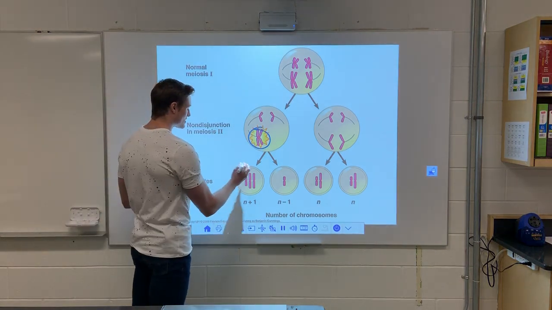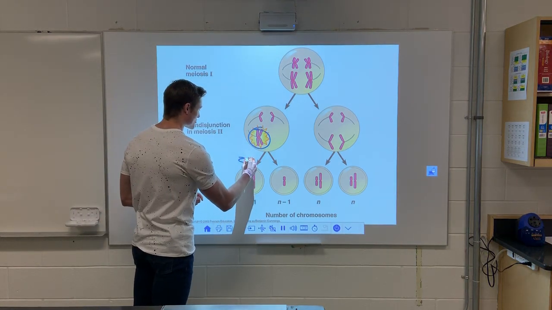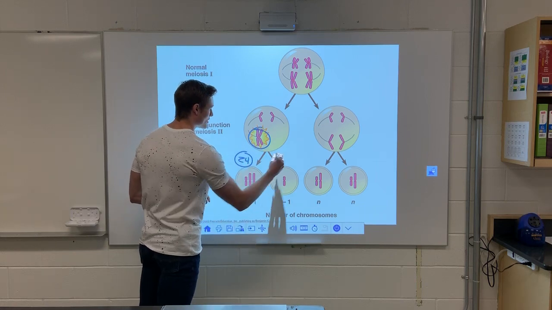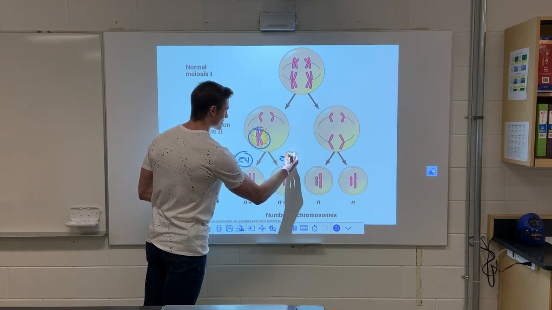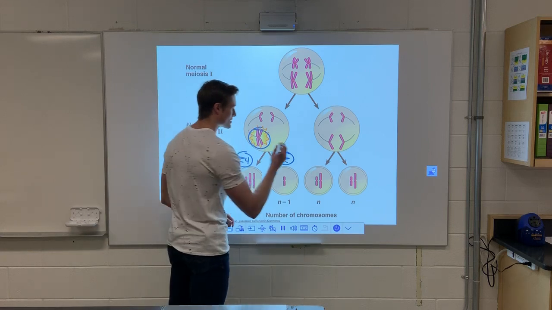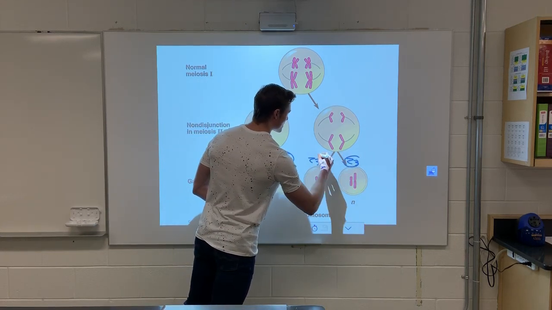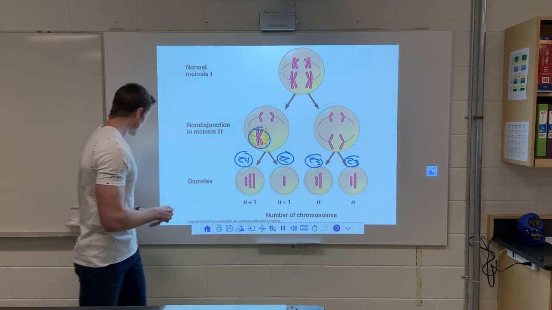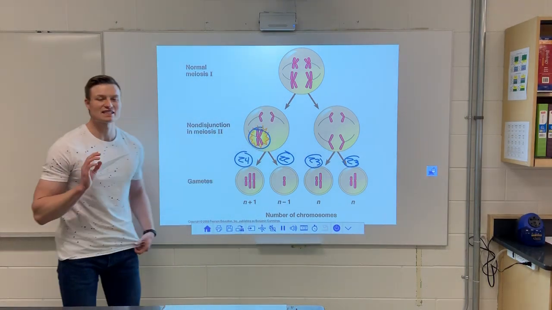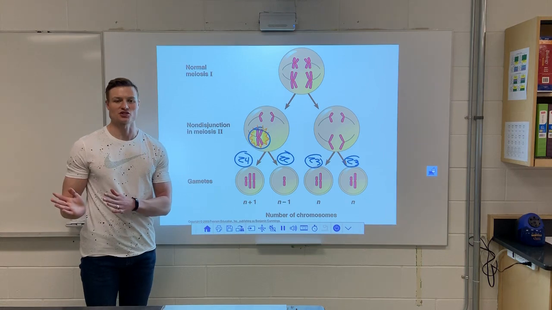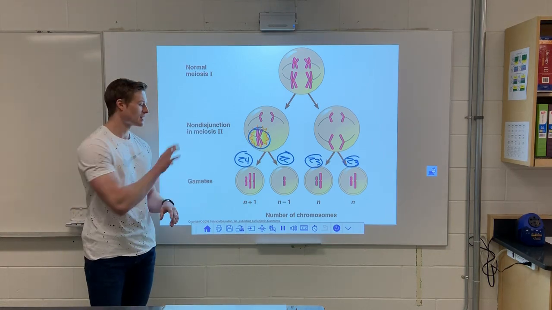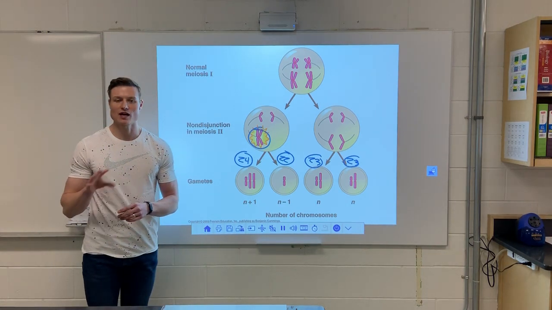That would result in this cell right here having an extra chromosome, so that'd be 24. This cell right here lacking a chromosome, so that'd be 22. But the two cells over here would be normal, each having 23 chromosomes. So you see that depending on what stage of meiosis nondisjunction occurs can impact how many gametes are abnormal because of it.